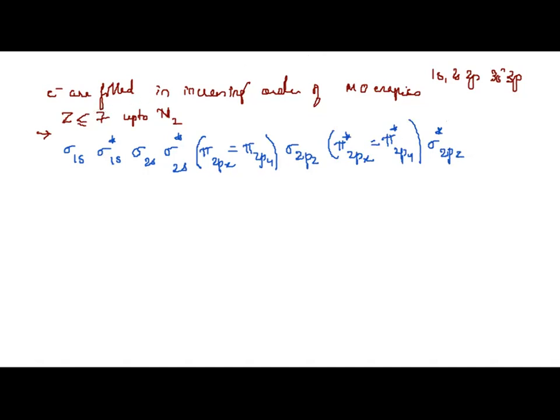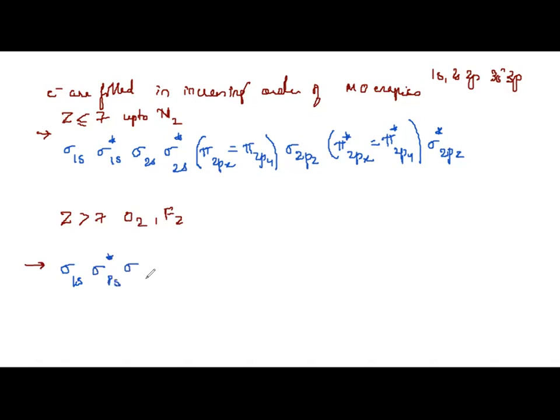Okay, next is how to write the electronic configuration for molecular orbitals if the atomic number is greater than 7. That is from oxygen, fluorine, right? How to write it? Okay, there is not much difference. You can see here, I'll write: the lowest energy orbital is sigma 1s. Then comes sigma star 1s.